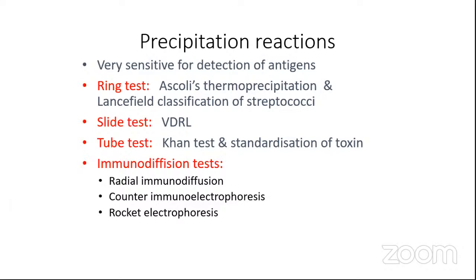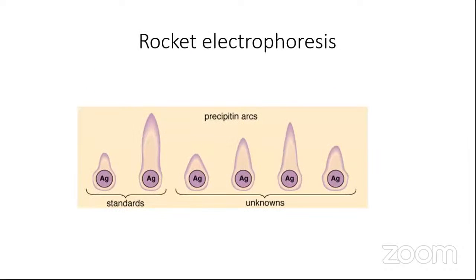One is the radial immunodiffusion, counter immunoelectrophoresis, and rocket electrophoresis. So this is the example of rocket electrophoresis, where this is the medium or the semi-solid agar, which will be incorporated with antibodies, and these are templates or holes which will be made with the template, and into this hole you add the antigen or the substance containing the antigen.